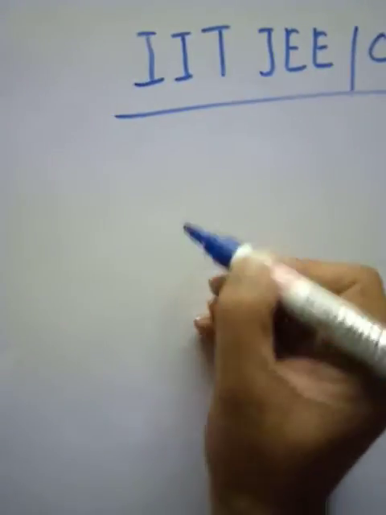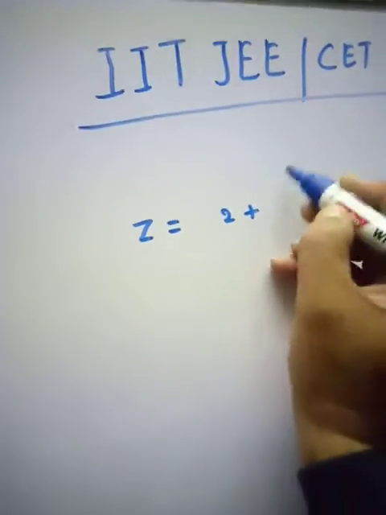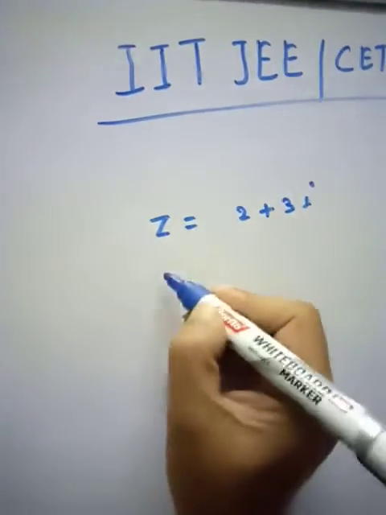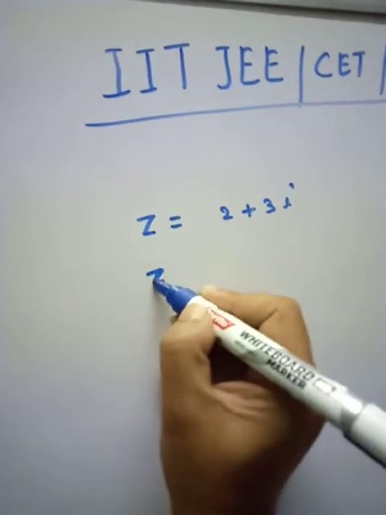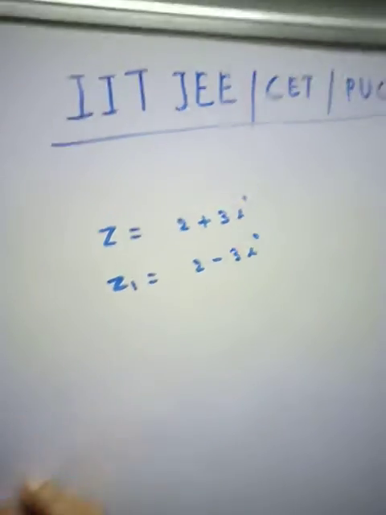We have many things, but today we'll discuss a little bit. Now suppose two complex numbers are there, z equal to 2 plus 3i and one more, z1 equal to 2 minus 3i.